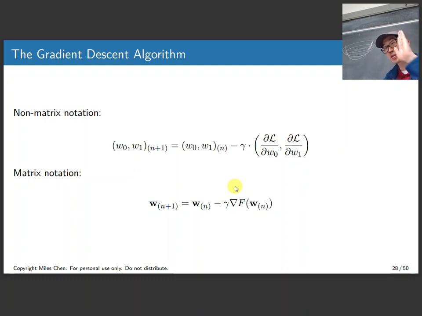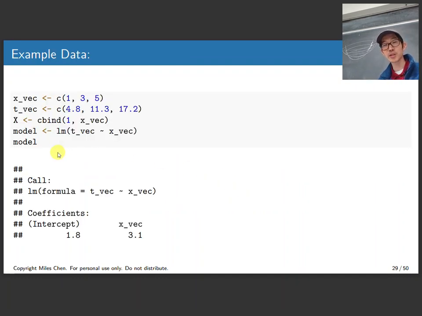Let's take a step back and understand the big picture. It is a little bit silly to do this for linear regression, because linear regression is already a solved problem. We know exactly how to find the slope and intercept that minimizes the mean squared error, and we can do that in R just using lm.